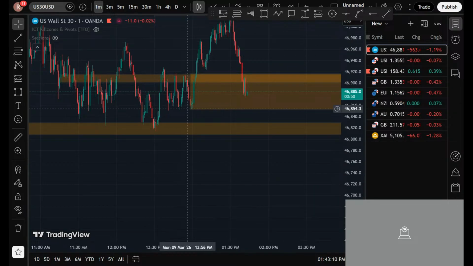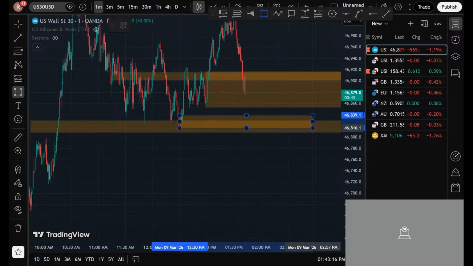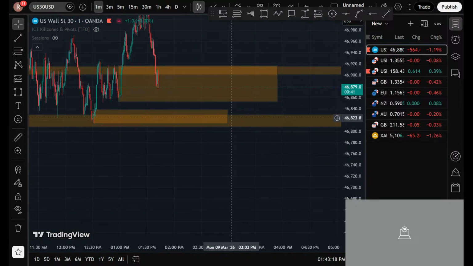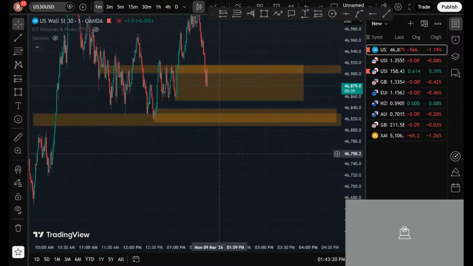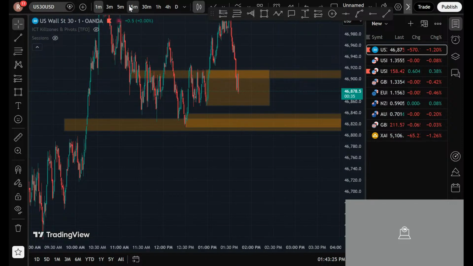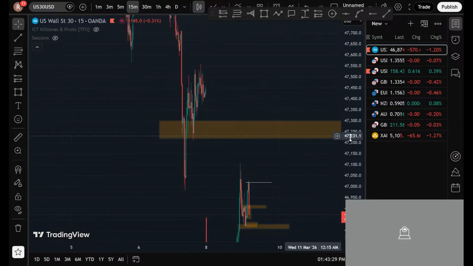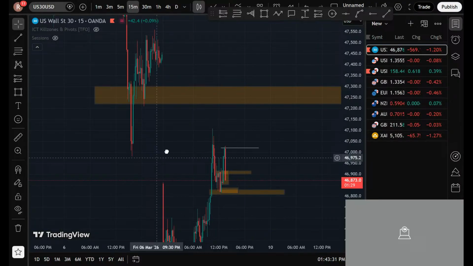So if this order flow does not play out, we have this order flow left in the market, which is the extreme one. We just have to wait for some minutes, 1 minute 30 seconds.